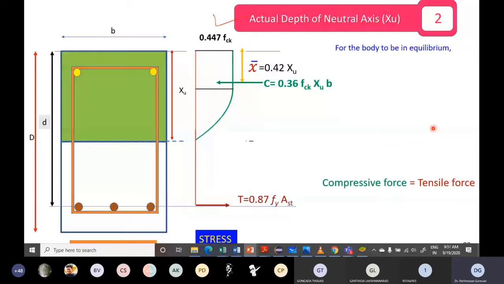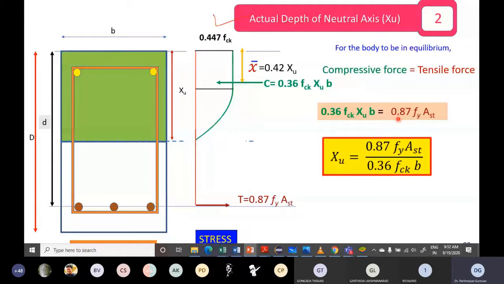So 0.36 fck xu b equals 0.87 fy Ast. Here fck is the characteristic strength of concrete, b is the width of the section, fy is the characteristic strength of steel, Ast is the provided area of steel, and xu is the only unknown, the actual depth of neutral axis. So you can find xu by taking all the terms to the other side: xu equals 0.87 fy Ast divided by 0.36 fck b.